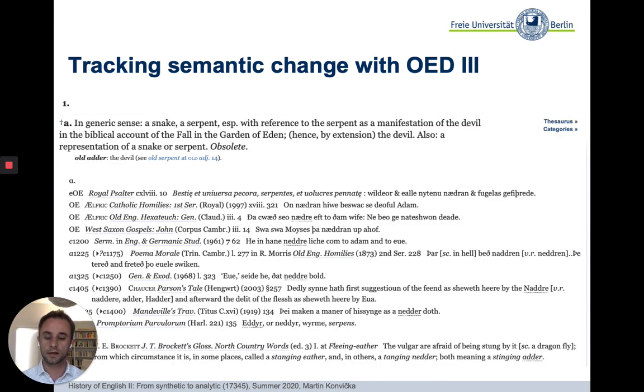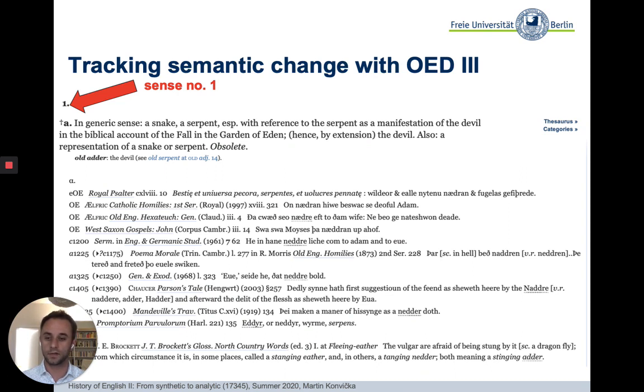So, for example, if we look at the first sense of the word adder in the dictionary, we'll see that it's marked with 1. And then it says, in generic sense, snake, serpent, especially with reference to the serpent as a manifestation of the devil in the biblical account of the fall in the Garden of Eden, hence, by extension, the devil.